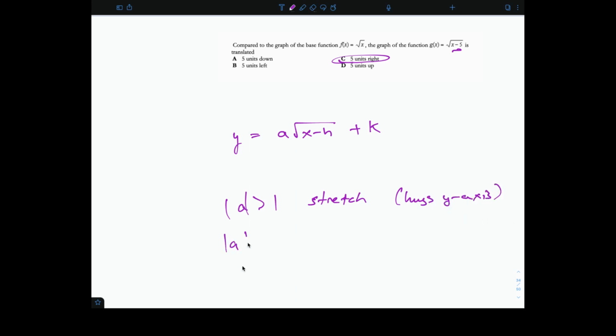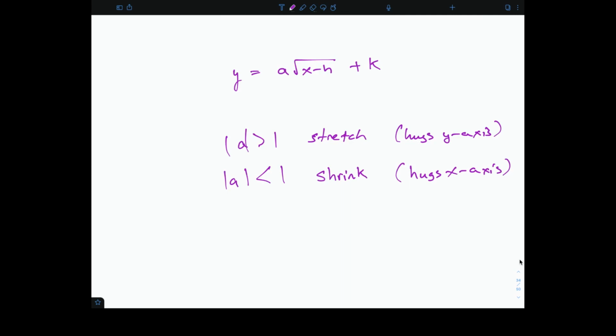If the absolute value of a is less than 1, then it's a shrink. This is called a proper fraction, and it hugs the x-axis more. So keep in mind that when it's less than 1, this is a proper fraction.